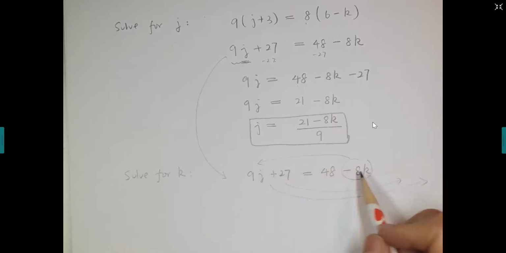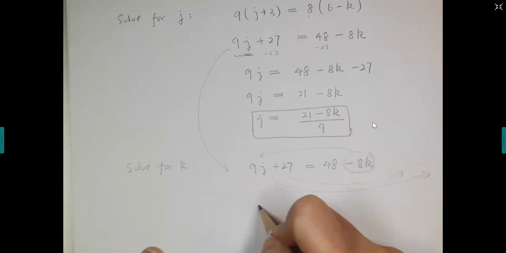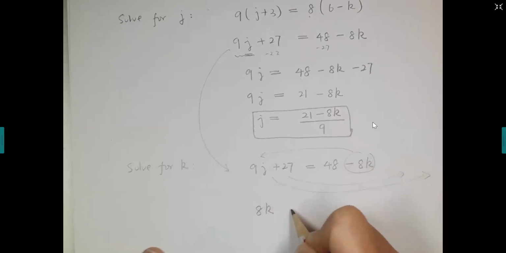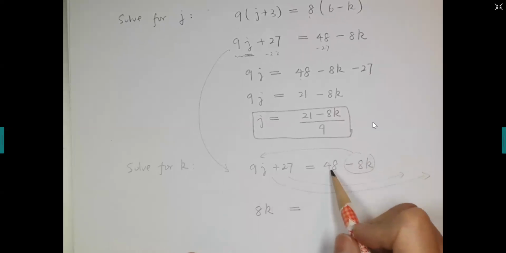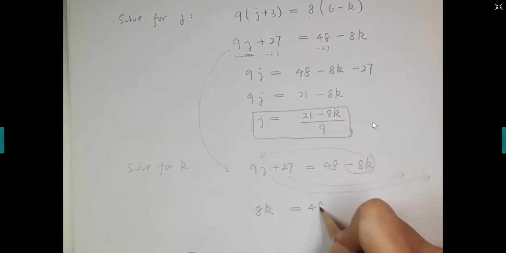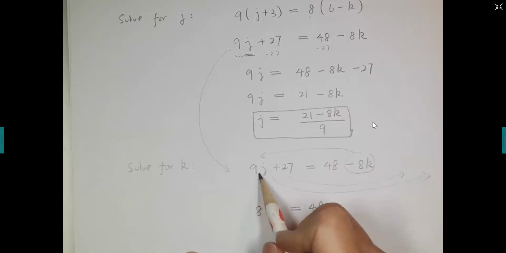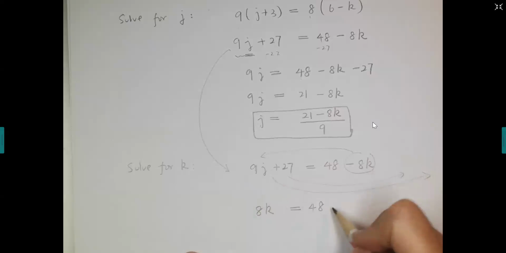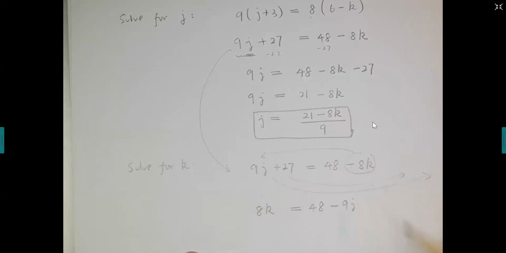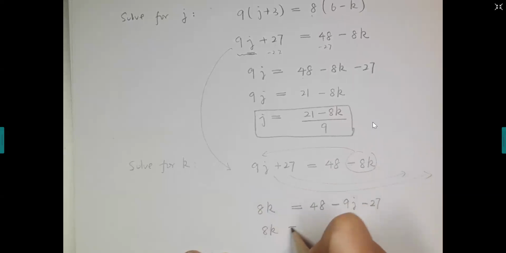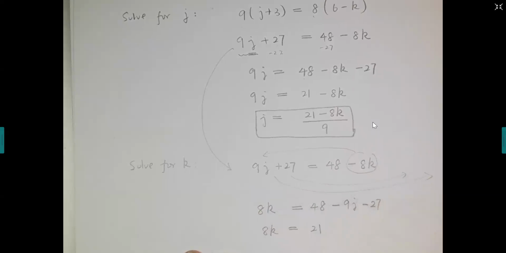So negative 8k moves to the left, it turns into positive 8k equals 48, which stays on the same side, nothing changes. 9j should be moved to the right, turns into minus 9j. 27 moves to the right, turns into negative 27. See, I have 8k equals, combining like terms, 48 minus 27, that is 21 minus 9j here.